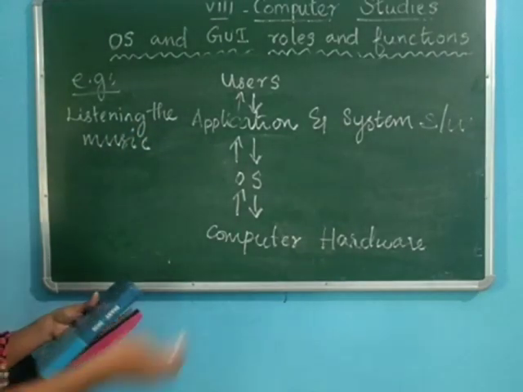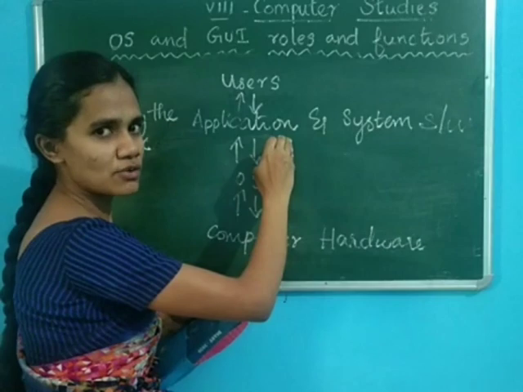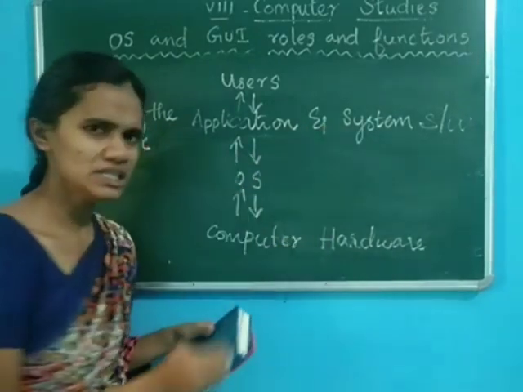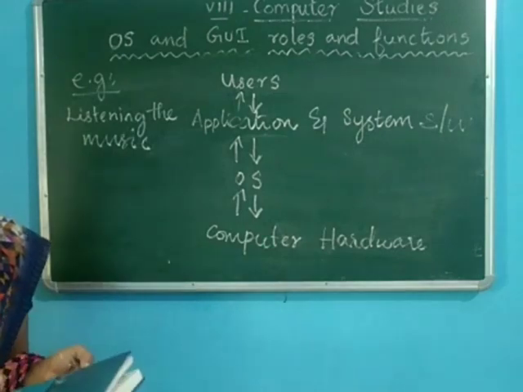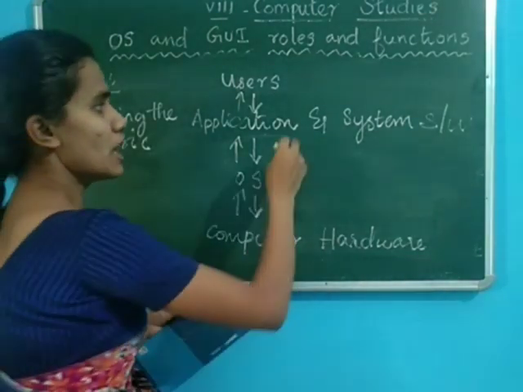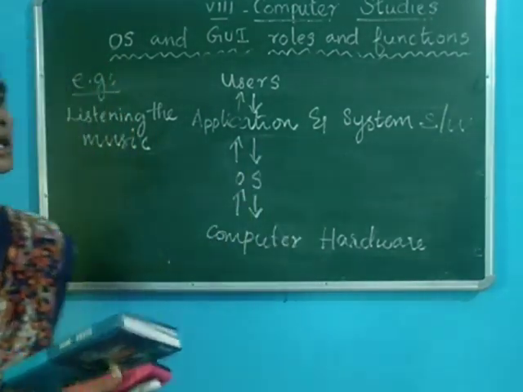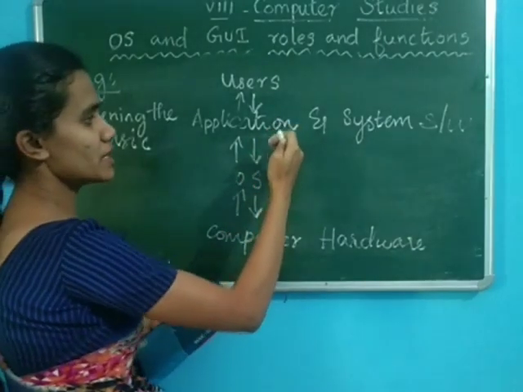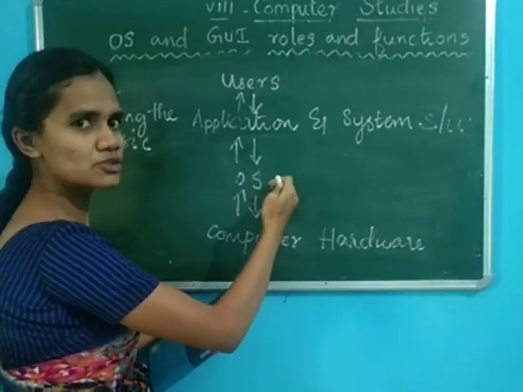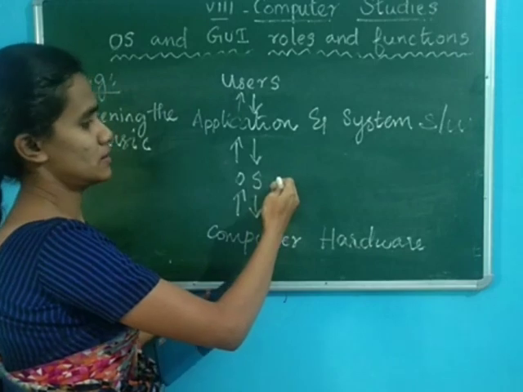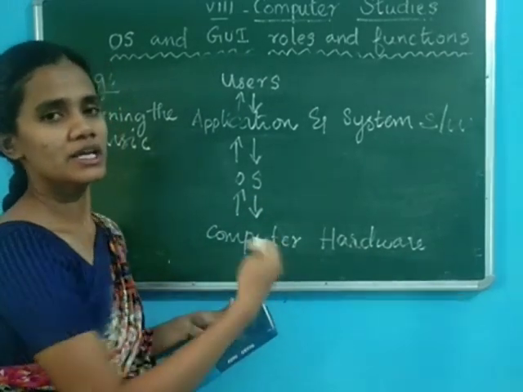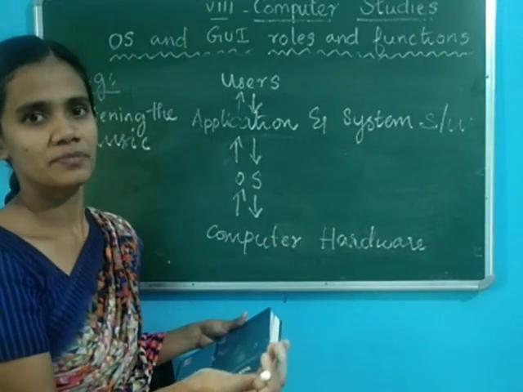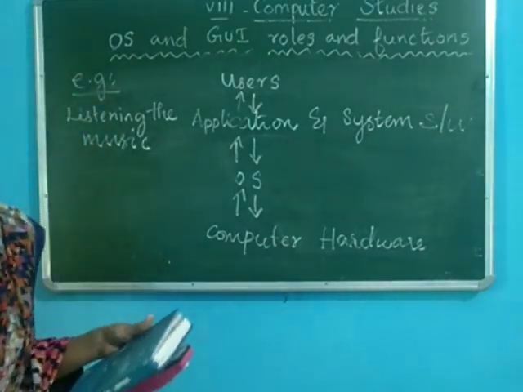First you have to use an application software. Consider the VLC player. It is a type of application software. The VLC player will give the information to the OS to play the music. Then the hardware executes it, and the speaker will produce the sound.